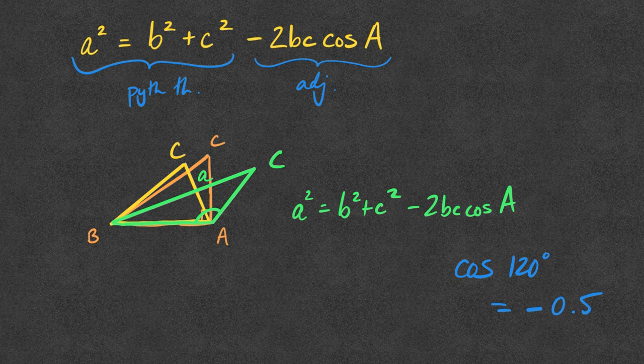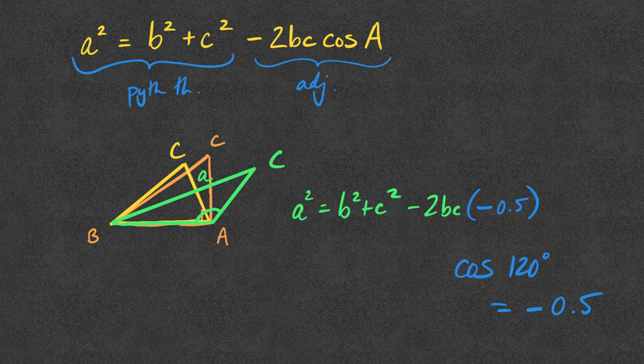And you'll notice that's the first time that's ever popped up, that I'm getting a negative value when I punch in my trig ratio. Follow that through. What's the consequence of that? If I go back up into my cosine law, I get negative 0.5. Let's play through that consequence.